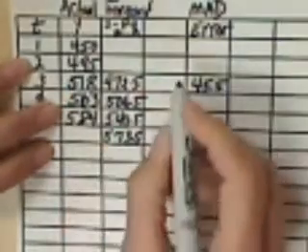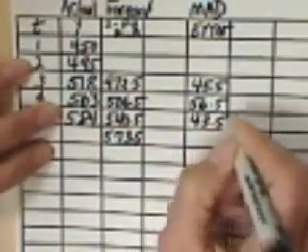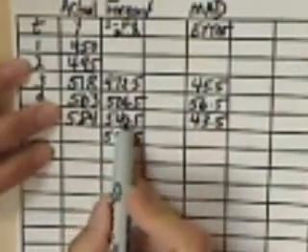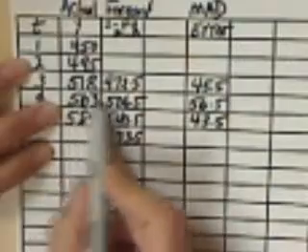So 518 minus 472.5 is 45.5. 563 minus 506.5 is 56.5, and 584 minus 540.5 is 43.5. Now, as it happens in this case, all of our error terms are positive, meaning our forecasts were always lower than our actual values.